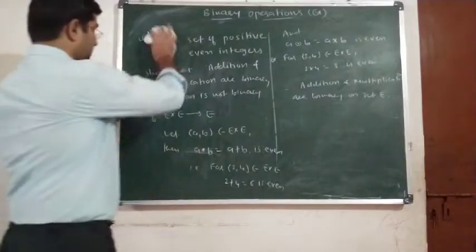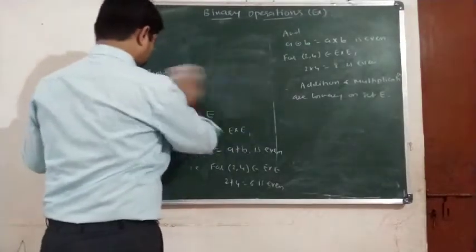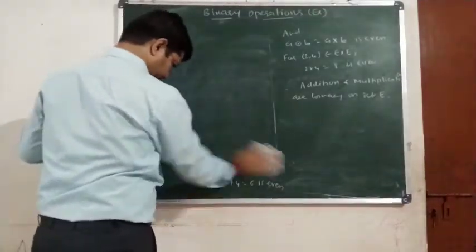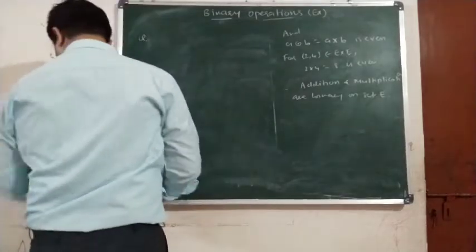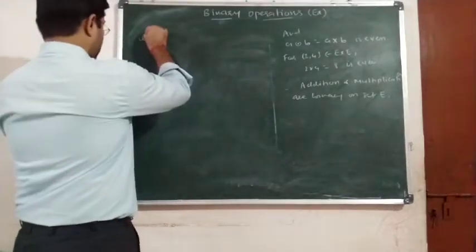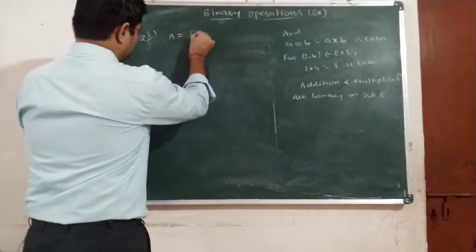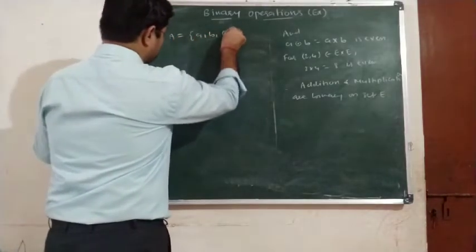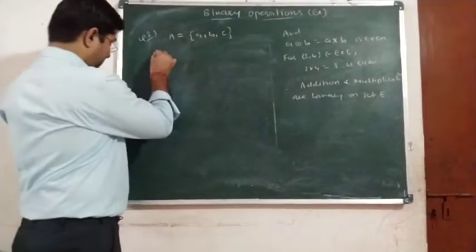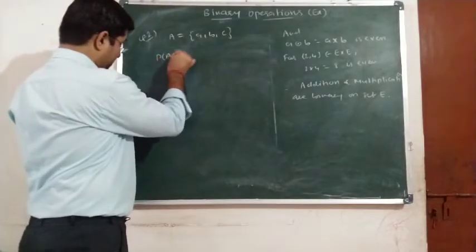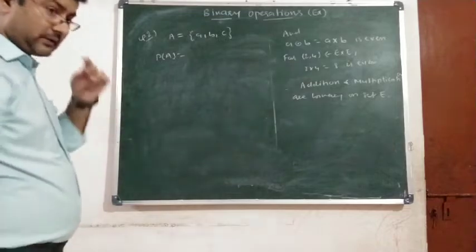Okay, now let us solve the next question. In question number 2, we are given set A containing elements a, b and c, and the power set of set A. We know what the power set of set A is.